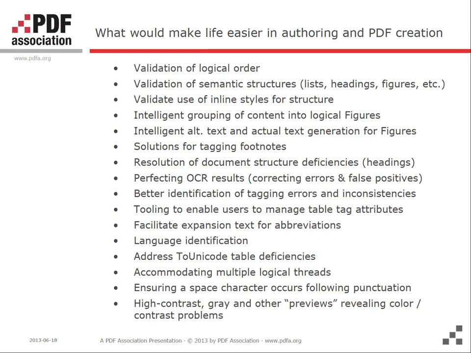Intelligent grouping of content into logical figures. Not infrequently, there'll be cases where content for a given chart, for example, includes text that's part of the chart, such as labels for different components of a Venn diagram.